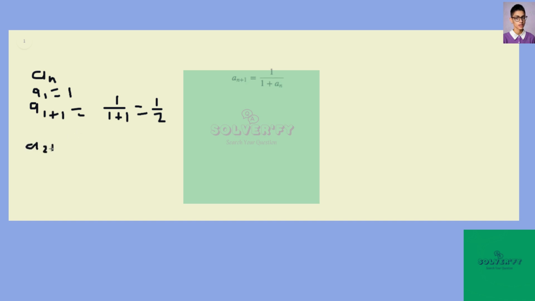That would be plugging in a 2 for n, which really means we're actually finding the third term. It's kind of how it works when you're plugging in a 2, you're not finding the second term. Anyway, 1 plus, and remember, this is a to the n, and we're saying n is 2. And I'm going to go ahead and say a to the 2, that's this 1/2 here.